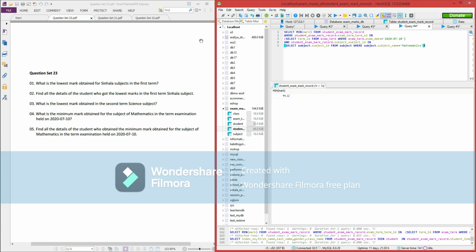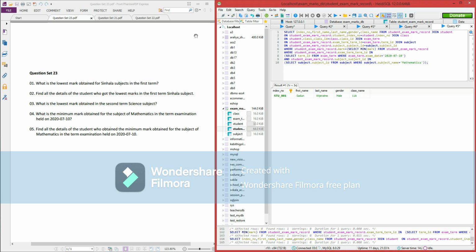Here I've given select min mark from the student exam mark record table and I've taken the term ID from the exam term table where I've given a specification exam date is equal to the date given and another specification I've given for the subject and I've taken the subject ID from the subject table by using a subquery and in that query also I've given the specification where the subject name is equal to mathematics.